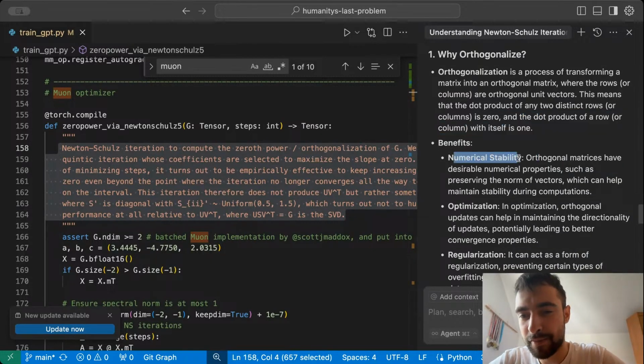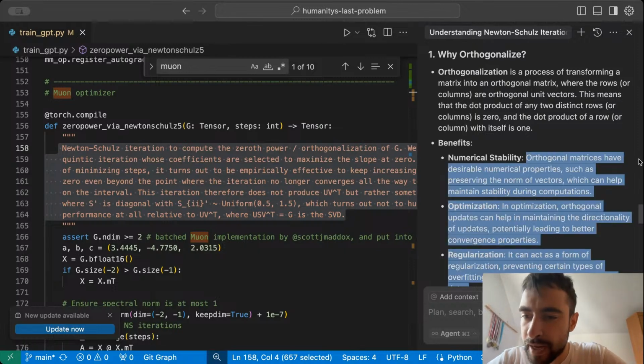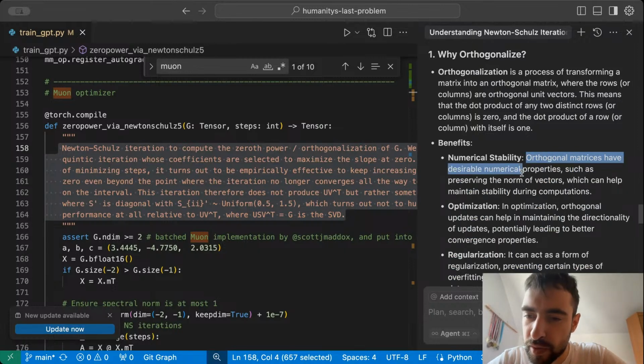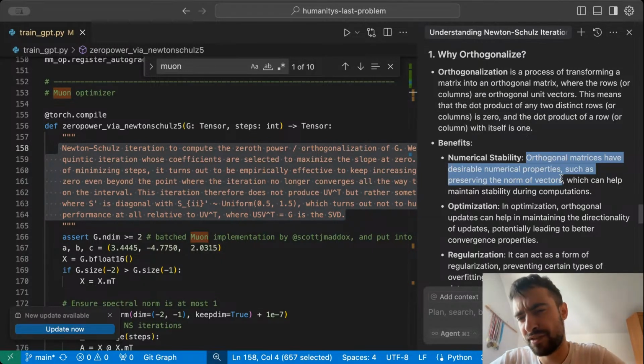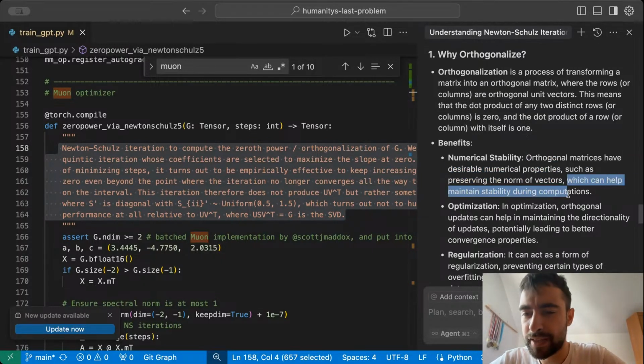Benefits: numerical stability. Orthogonal matrices have desirable numerical properties, such as preserving the norm of vectors, which can help maintain stability during computations.